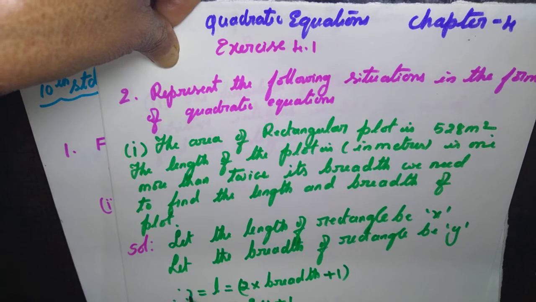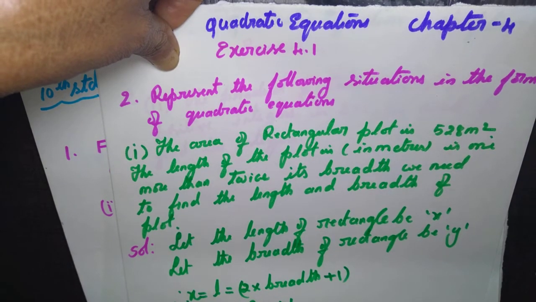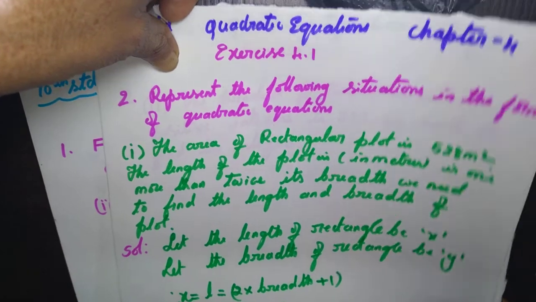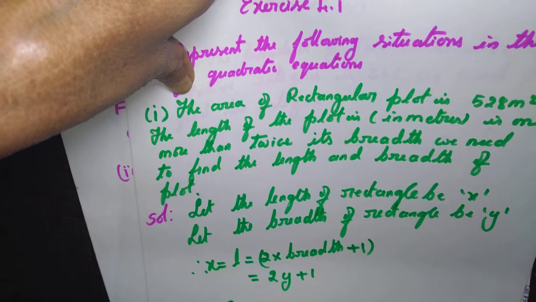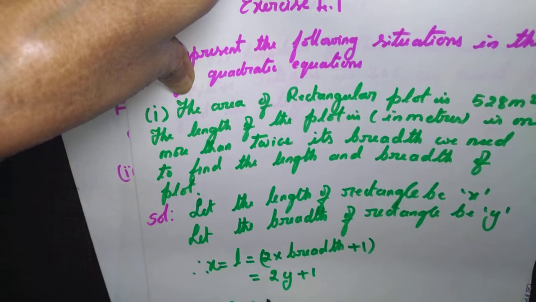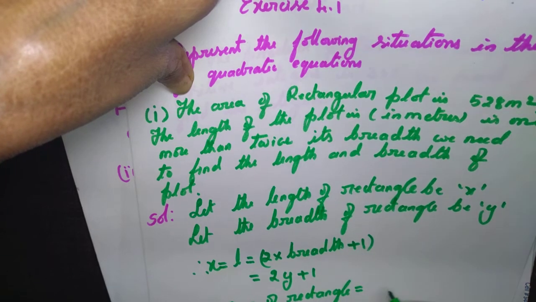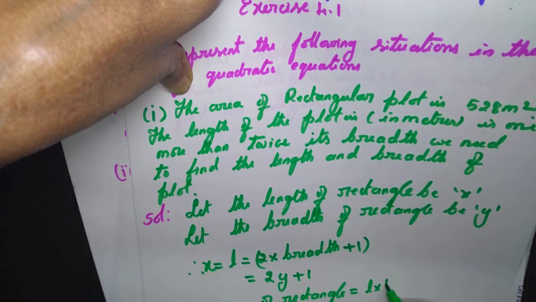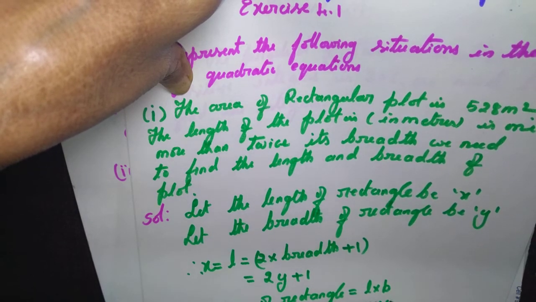L is here x. Therefore the area of the rectangle is equal to L into B, length into breadth, that is equal to x into y.